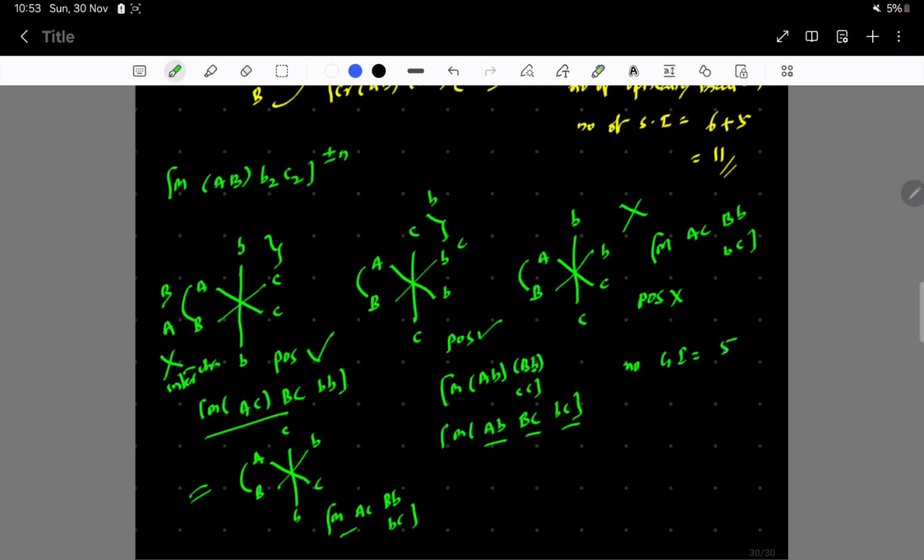Now look at, student, the possible number of geometrical isomers here. The possible number of geometrical isomers for this particular example, student, is 4 only, not 5. This is very, very important. Please look at the example. Now the possible number of geometrical isomers we got is 4.